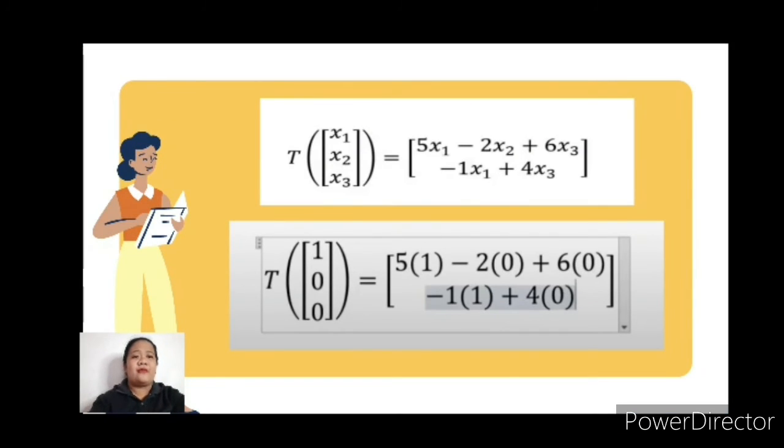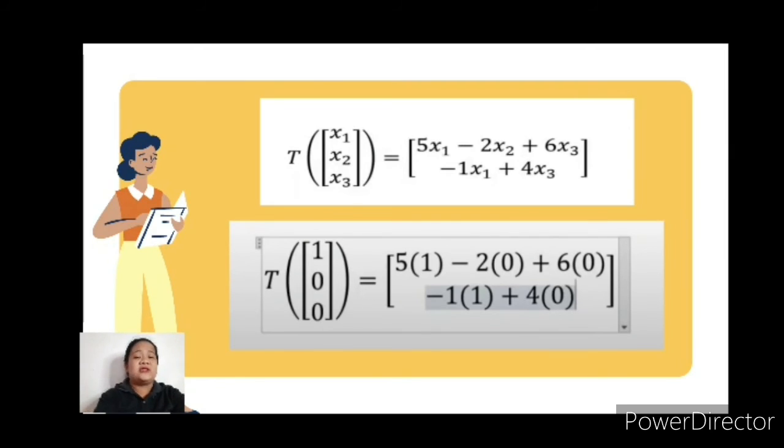So we have e1, e2, e3, where the matrix size m by n, row by column, could be 3 by 3, 2 by 2, and so on.